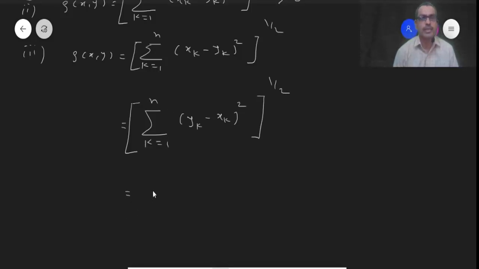Then this is equal to the summation of (yk minus xk) squared, raised to half, k from 1 to n. Then this is equal to rho of y, x. That is, the distance from x to y is equal to the distance from y to x. The symmetry condition is also satisfied.